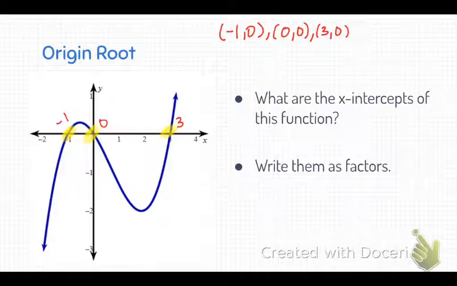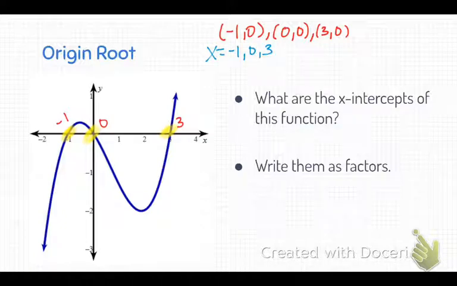And now I want to write these as factors. So how do I write negative 1, comma 0 as a factor? How do I write these as factors? It's x minus 1? This means my zeros are x equals -1, 0, and 3.